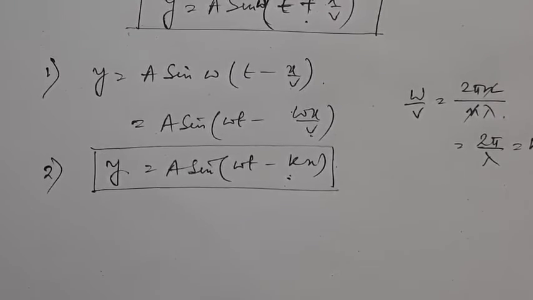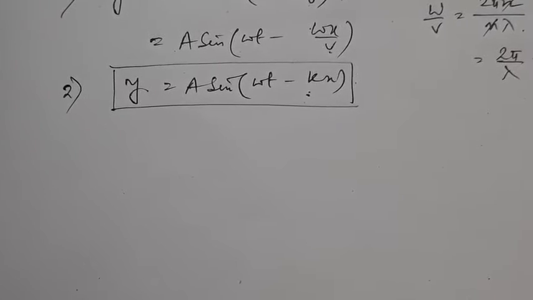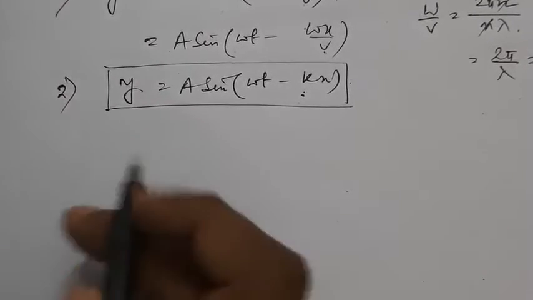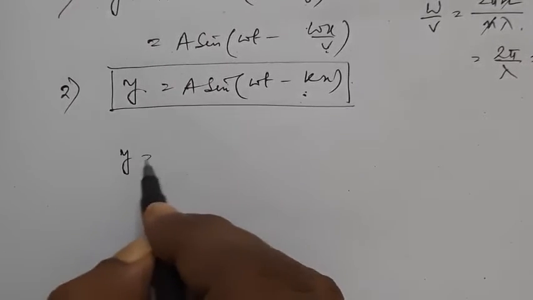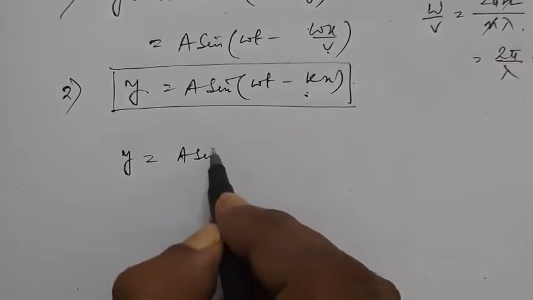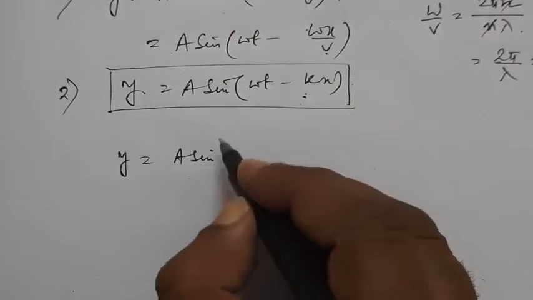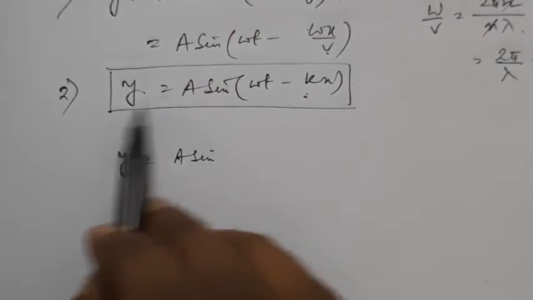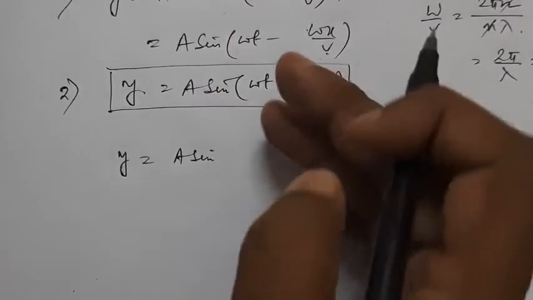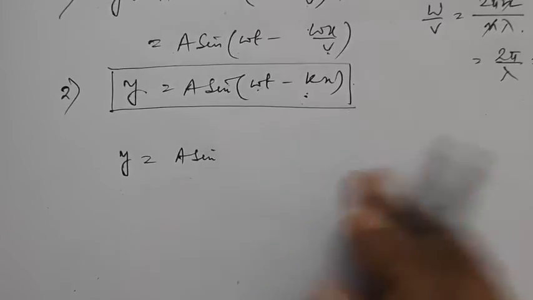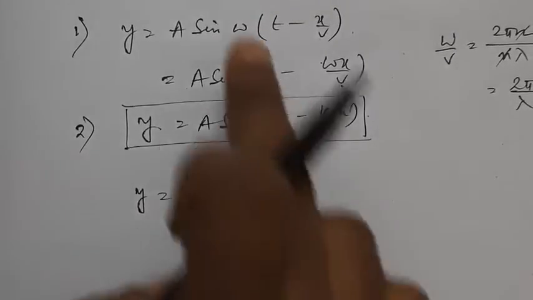Moving on to the third form. You can derive any form from any other form you like. I have already derived this form, so I am going to derive another form from it. You can also derive the third form from the first form.